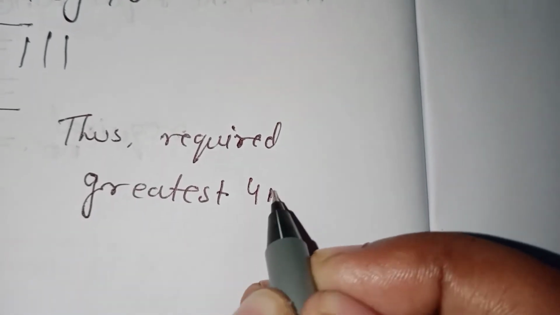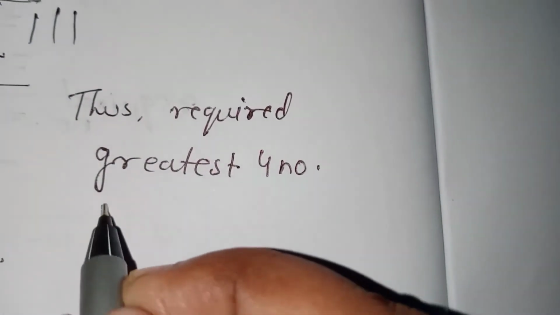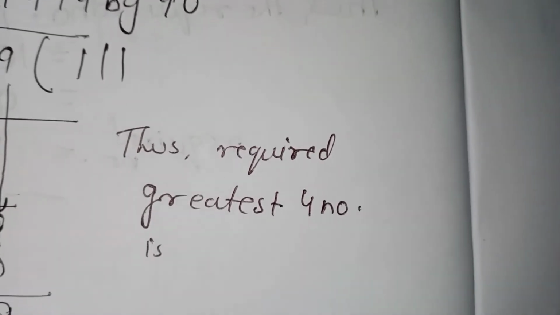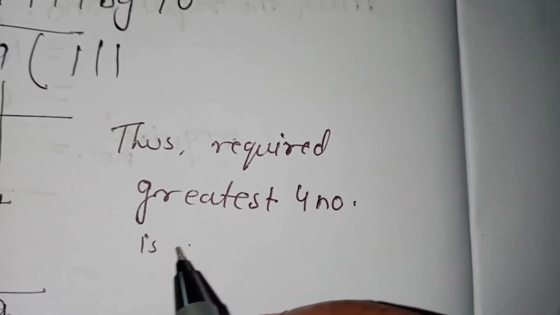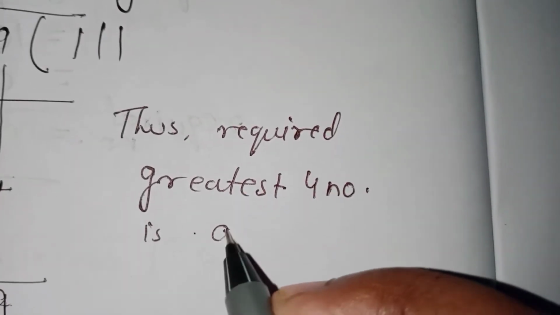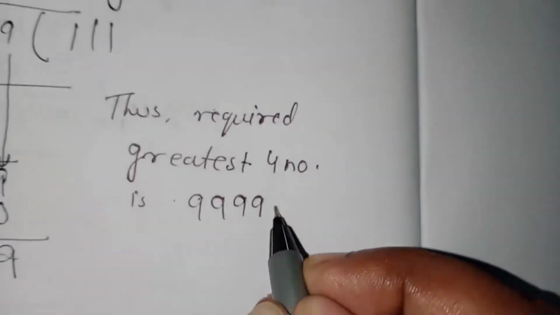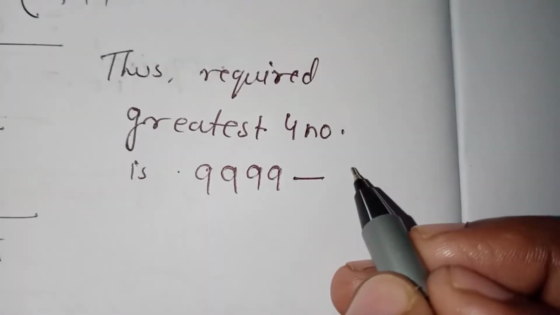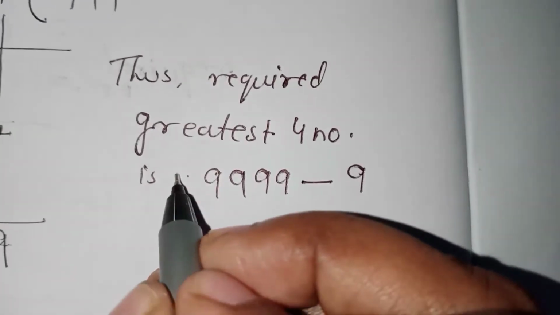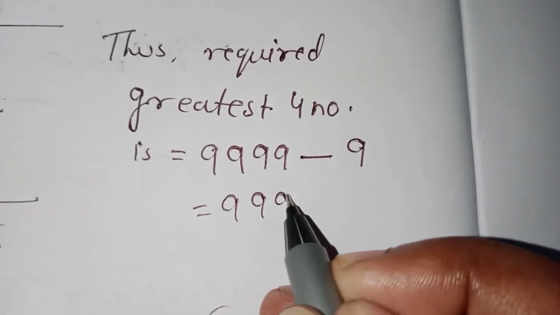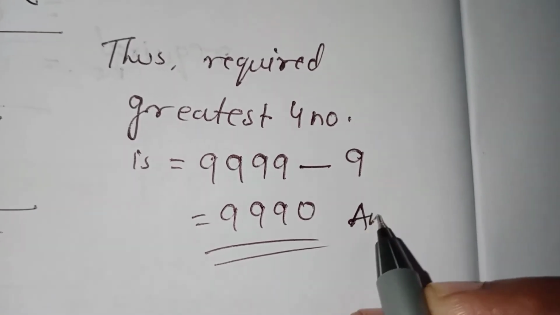So thus the required greatest 4 digit number, what you have to do: first, the greatest 4 digit number is 9999. Here we just have to subtract this 9. So how much will we get? 9990. So this is the answer.